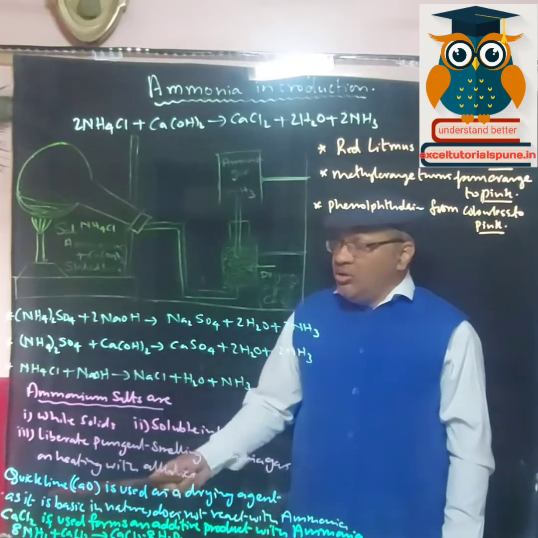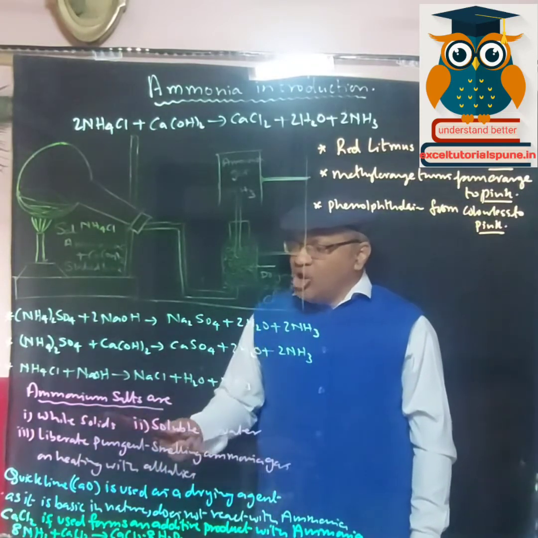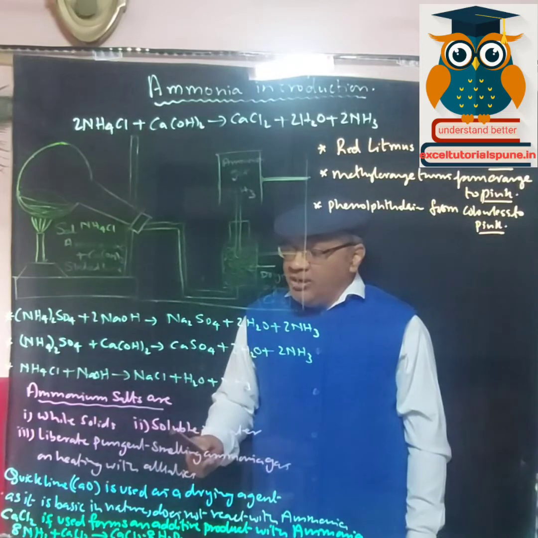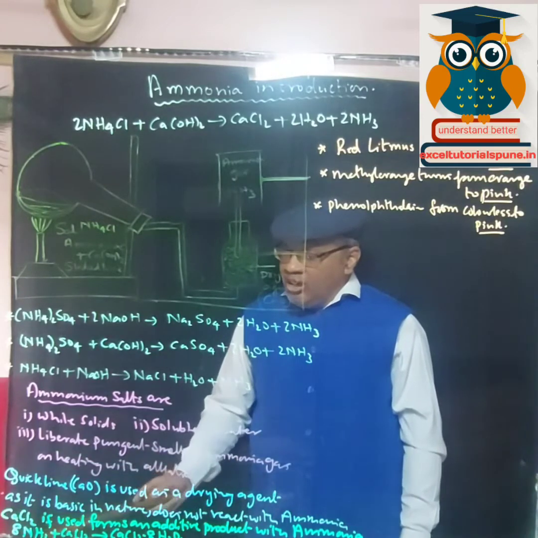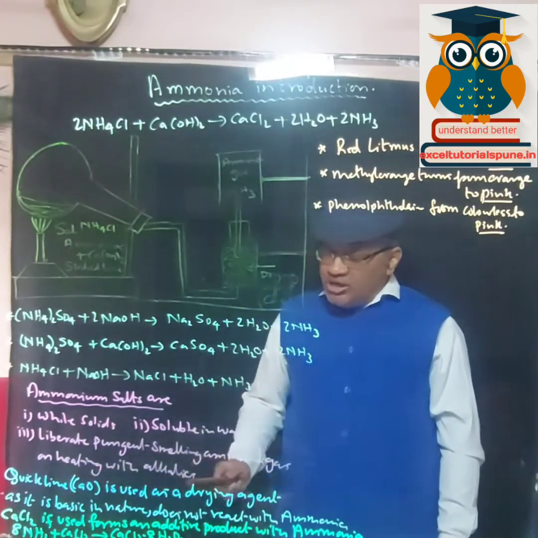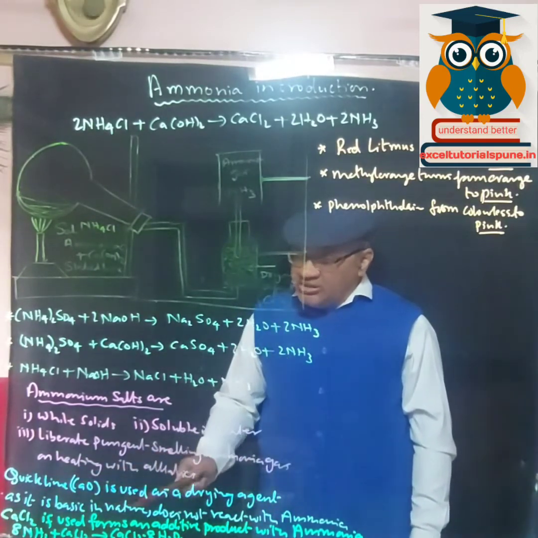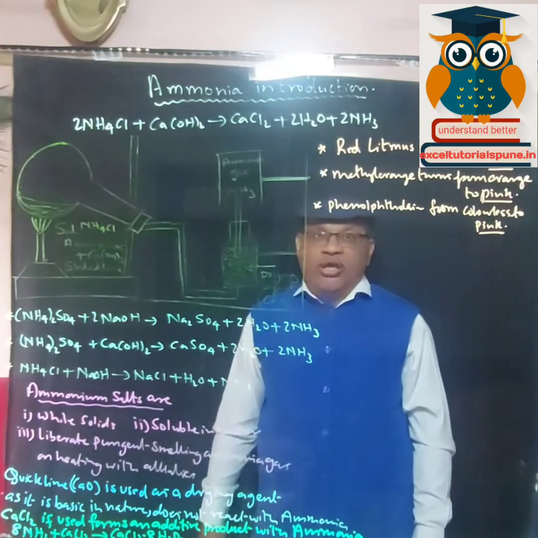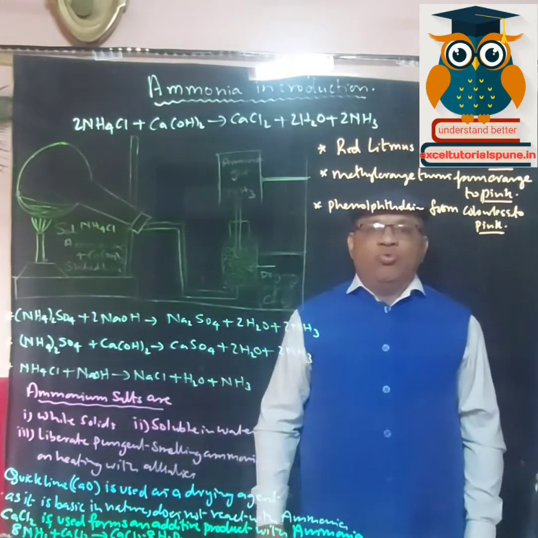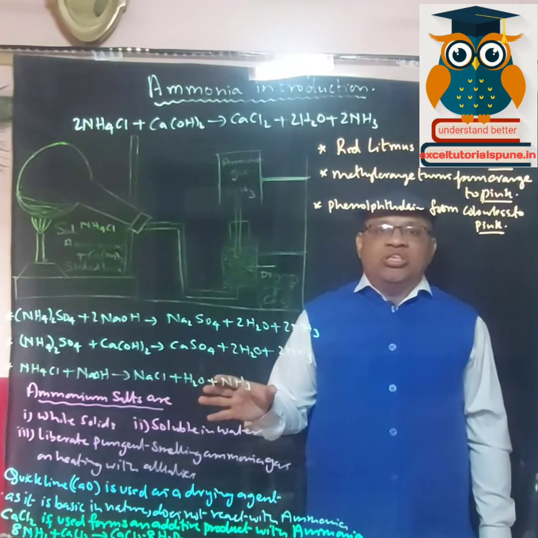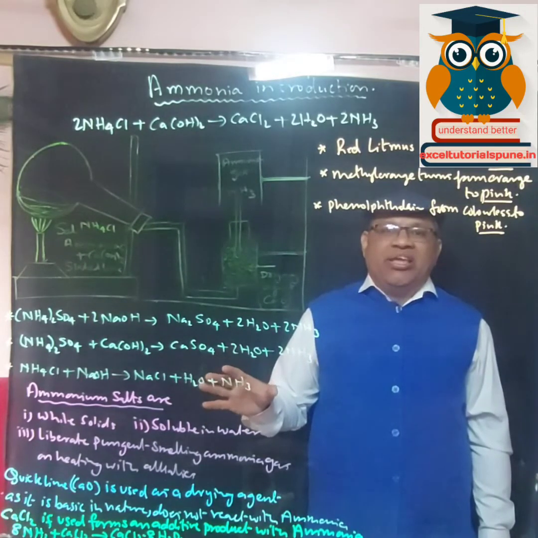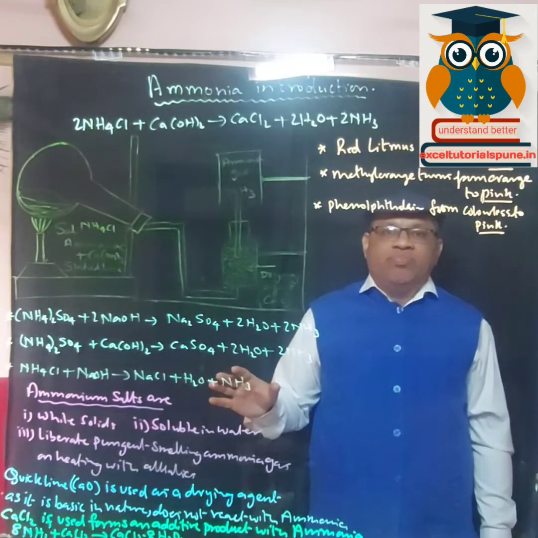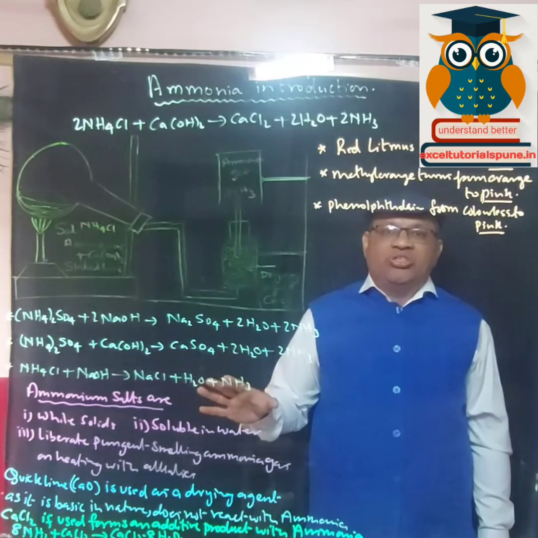Now, ammonium salts are white solids, soluble in water, and liberate pungent smelling ammonia gas on adding alkalis. Quicklime is used as a drying agent since it is basic in nature and does not react with ammonia. Did you get it, all of you? This ammonia gas is observed whenever any dead and decaying matter decomposes, in the absence or presence of air.